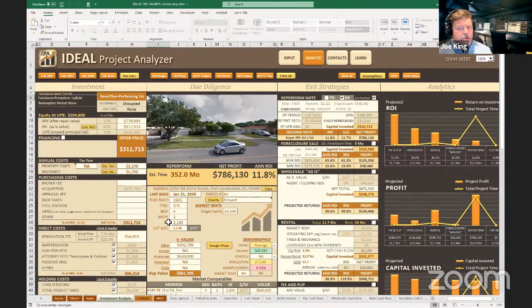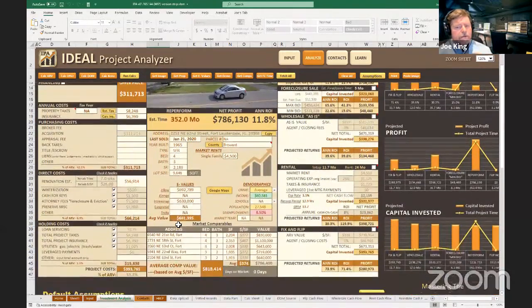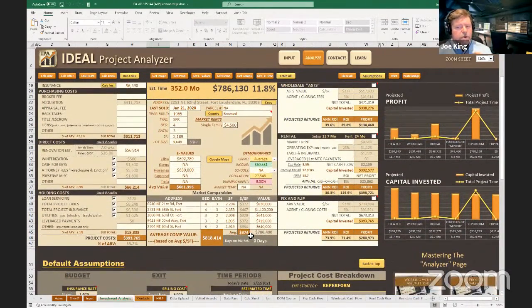So we have a 2,189 square foot home. If we come down here, our average price per square foot is 374. So we're multiplying 374 by this square footage to arrive at our average price.